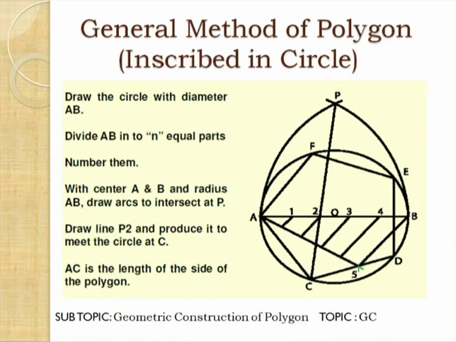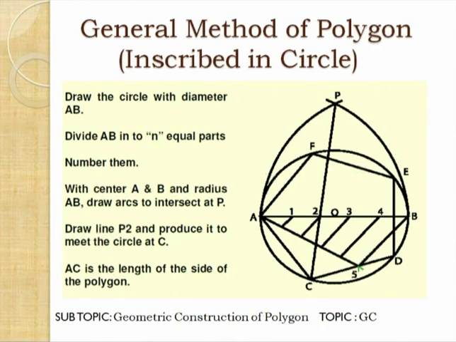Once we have the length of the side, taking the same length AC, you draw successive arcs and get the points D, E and F, and you join these points in sequence, so you will get the required pentagon inscribed in the given circle.